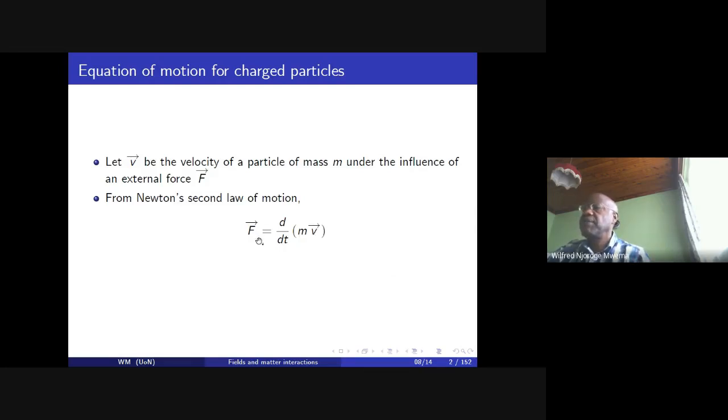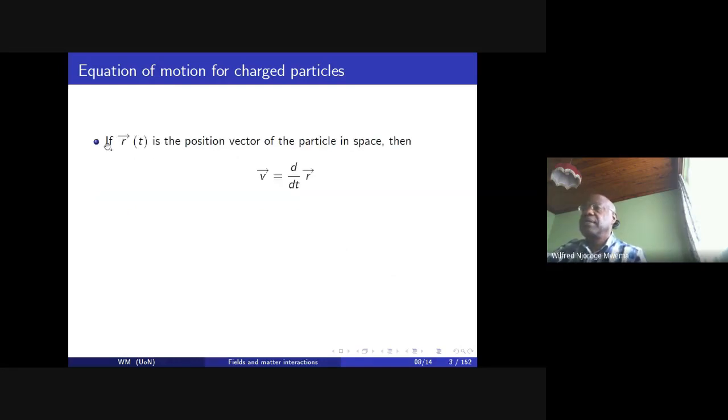And therefore, we are assuming that its mass could be changing with time, and its velocity should also be changing with time. And therefore, Newton's second law of motion will be mathematically expressed as F equals d/dt of m multiplied by v. That is the change in particle momentum.